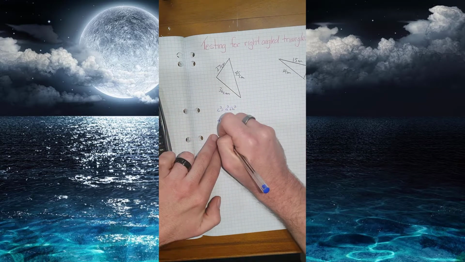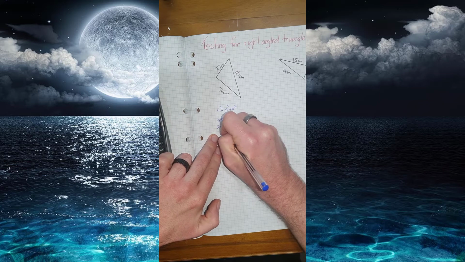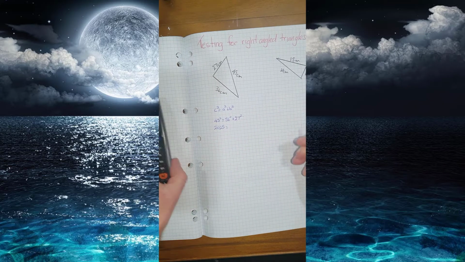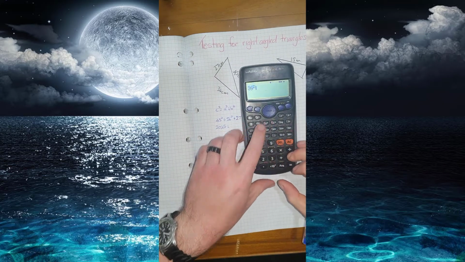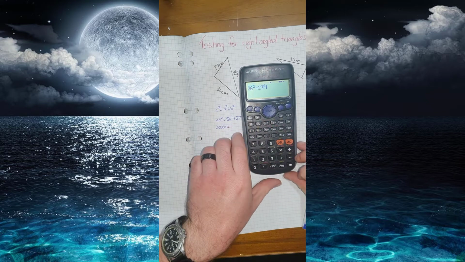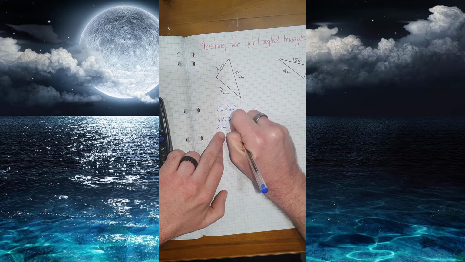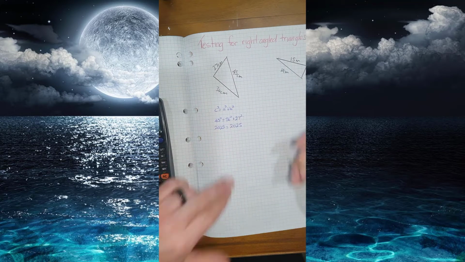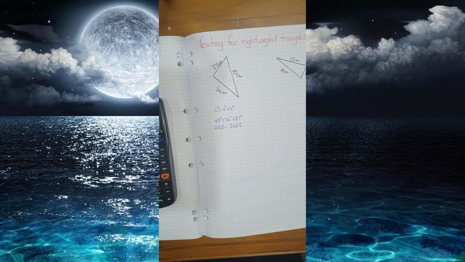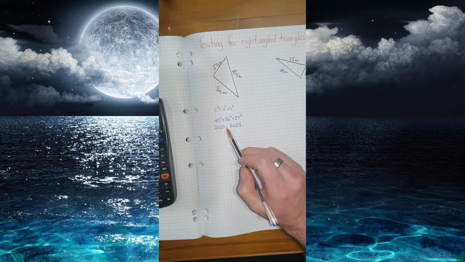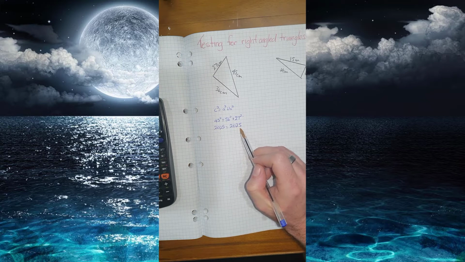So that is 2025. Now I need to know what 36 squared plus 27 squared actually is. Doing that, 2025. Now let's read this out loud because it makes a lot more sense when we do this. 2025 equals 2025.